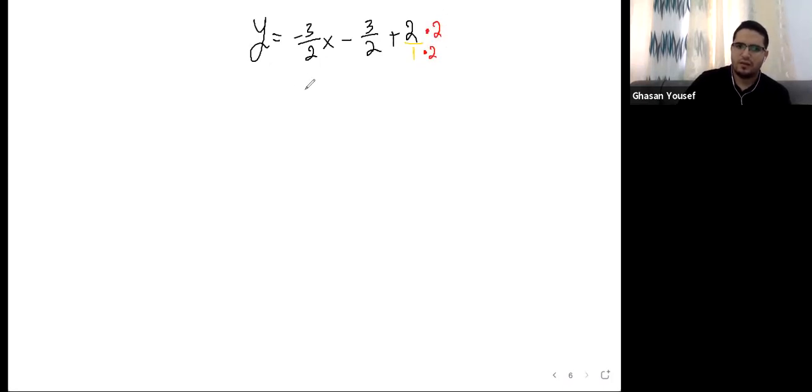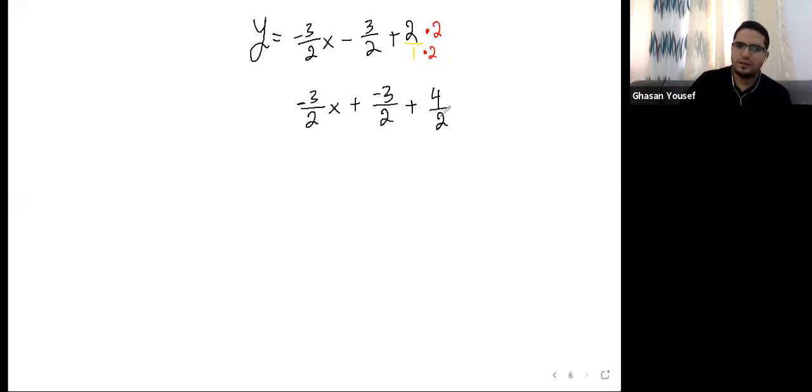So now I'm going to get y equals minus 3 over 2 x, minus 3 over 2, easier to make it positive, plus minus 3 over 2 plus 4 over 2.